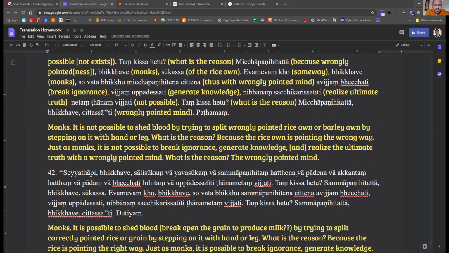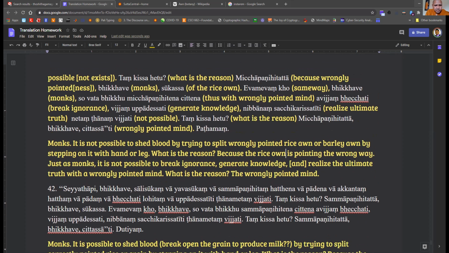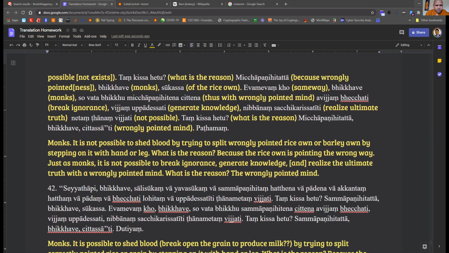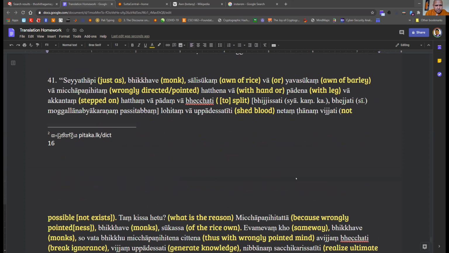Earlier we had va in the previous sentence. Let's go a little further up. So padena ankantam hatthenava padenava. That is for either hand or feet.